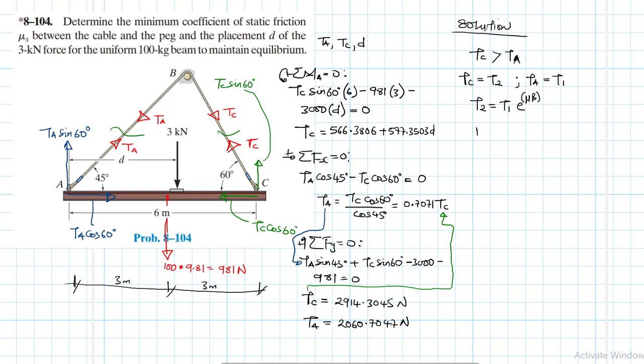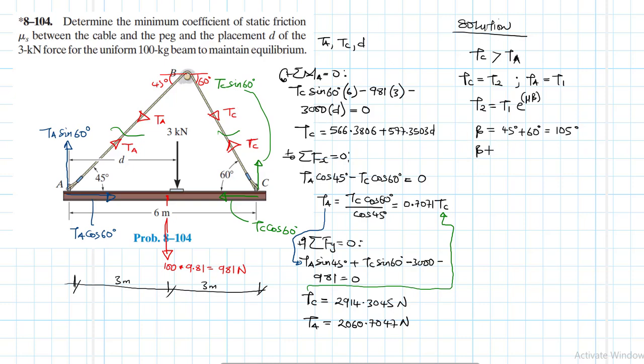Alright, so beta is equal to these angles here, right? This angle here is 45 and the other angle there is 60. So we are adding the two angles. This gives us 45 plus 60, which is equal to 105 degrees. This is the angle over which the cable is in contact with the peg.